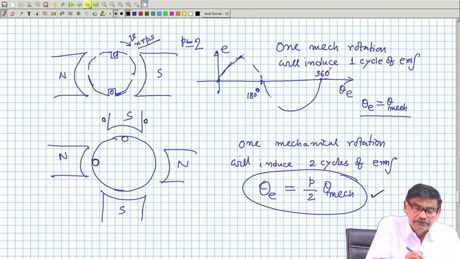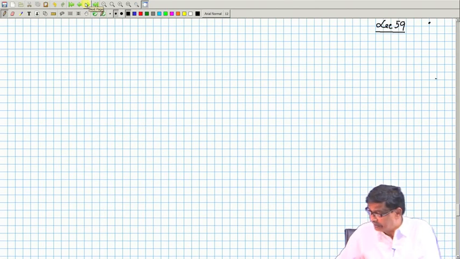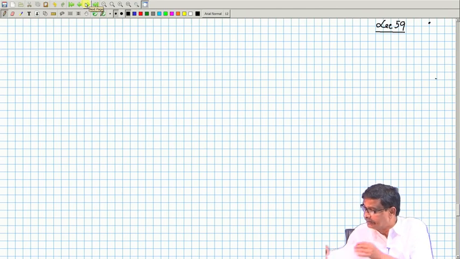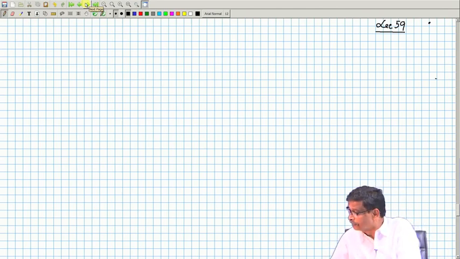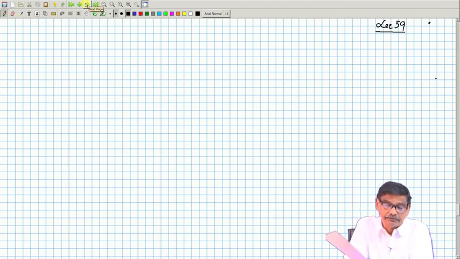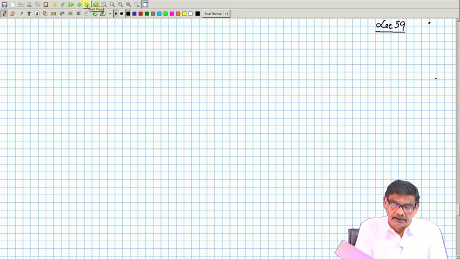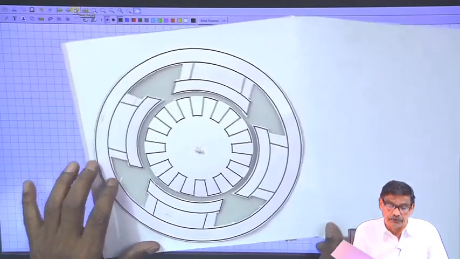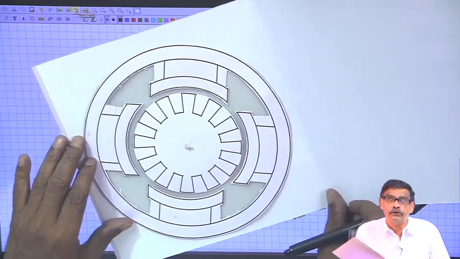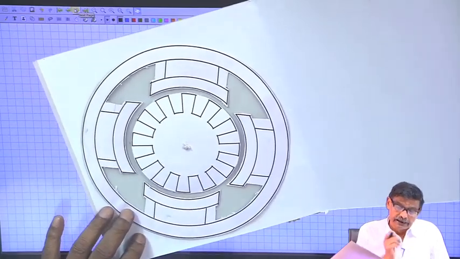Now, today I will try to explain that with much clearer diagrams. The situation will be like this diagram if you look at it.